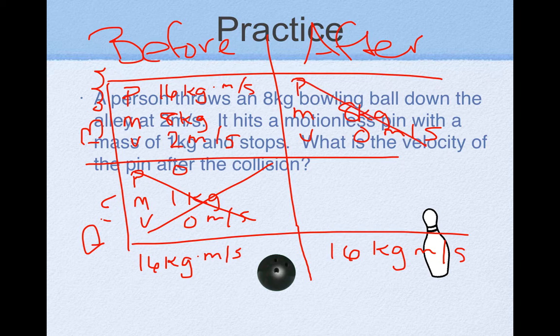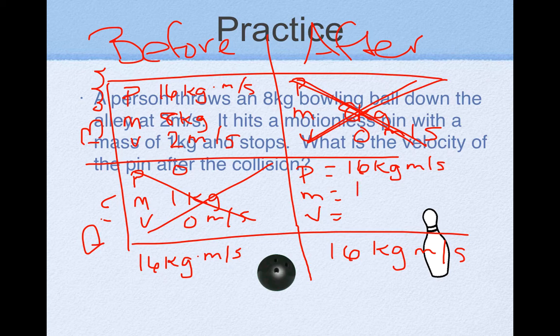So again, we have no momentum there. So now we just have to figure out what's going on here. If there's no momentum in the bowling ball, all that momentum has to be in the pin. We know that the mass of the pin hasn't changed. So now we can figure out, using P equals M times V, what our velocity is.